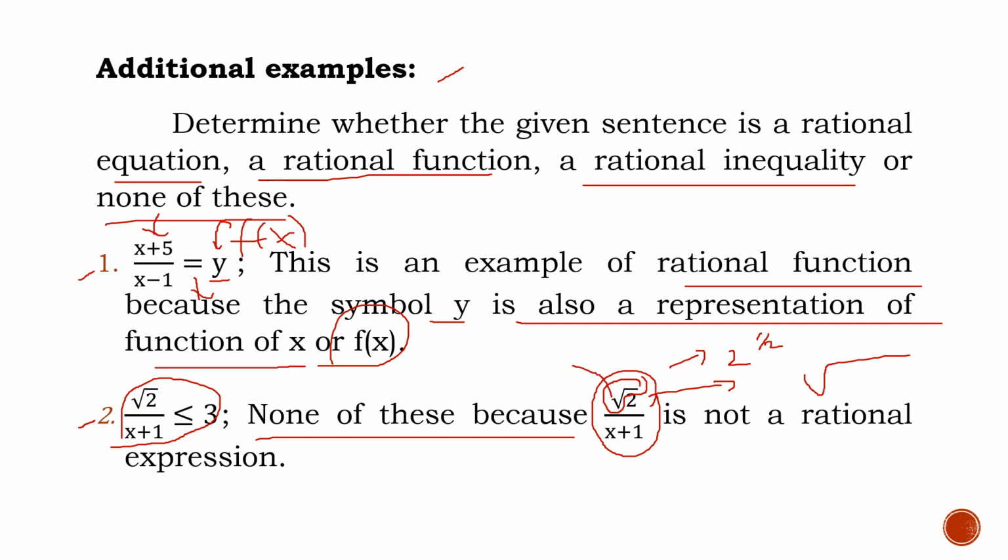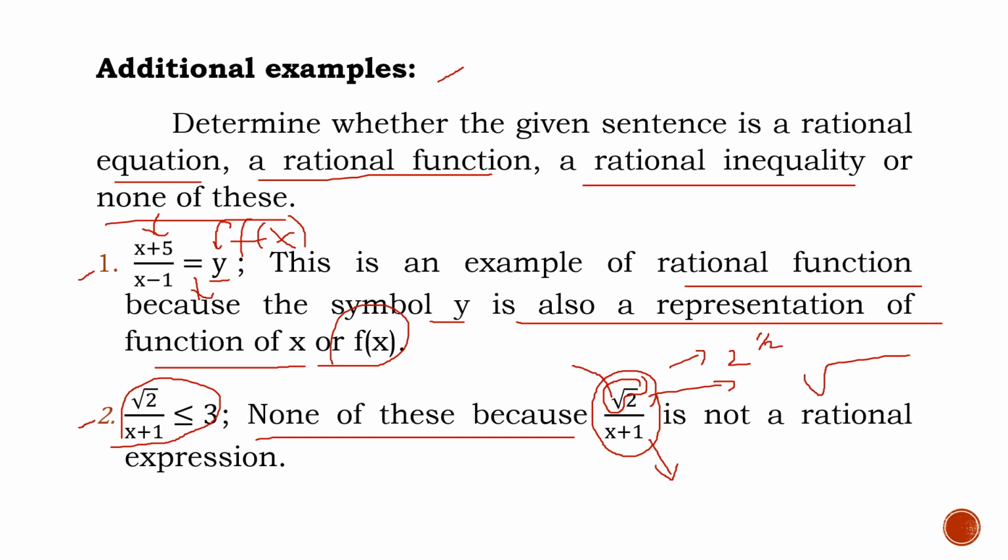So therefore, this entire fraction here is not a ratio of polynomial functions. Your numerator is not a polynomial function, while your denominator is a polynomial function. We should check first if both your numerator and denominator are polynomial functions. If one of them is not a polynomial function, then we cannot consider this a rational expression.